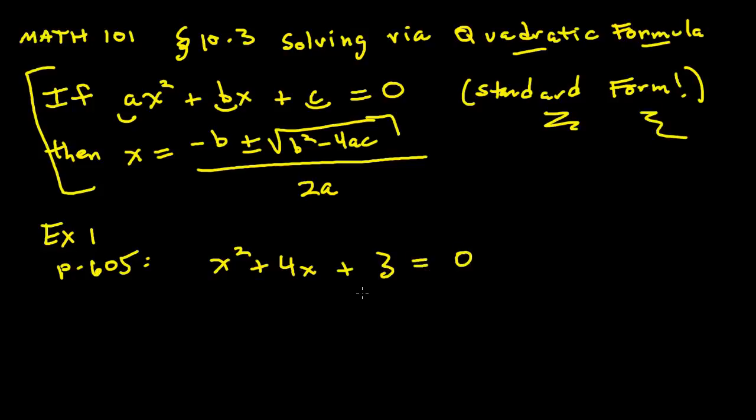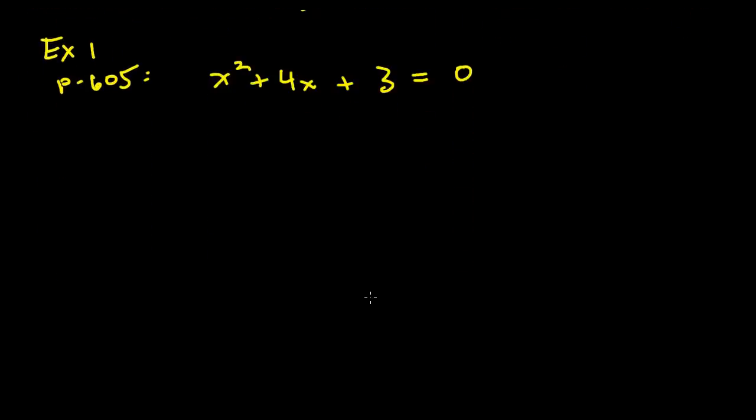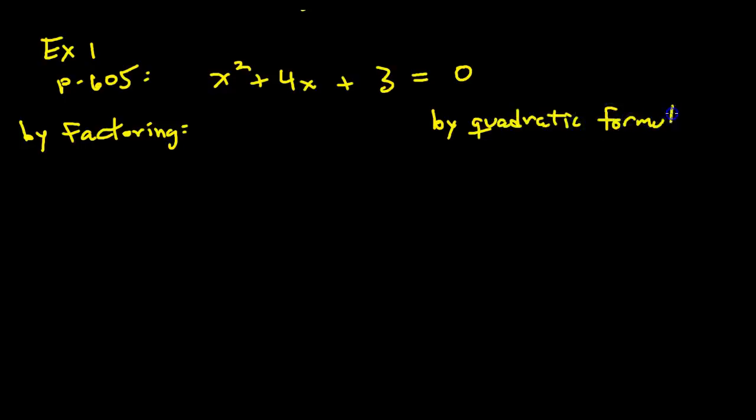Actually, I can solve this two ways. I can solve it, of course, by factoring, as we've done in earlier sections. Let me do it both ways. I'm going to solve it by factoring, nothing new in this section really, and then I'm going to solve it by the quadratic formula. And of course, the solutions should be unique, and they should agree.